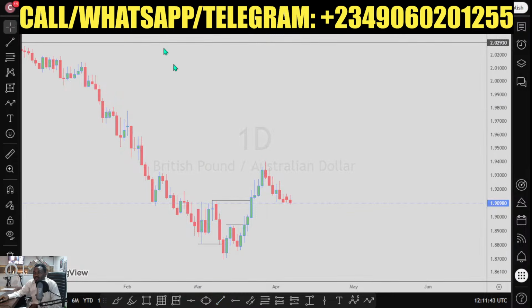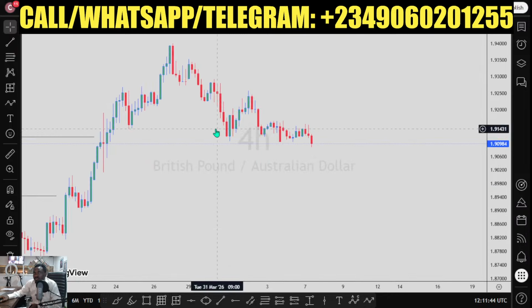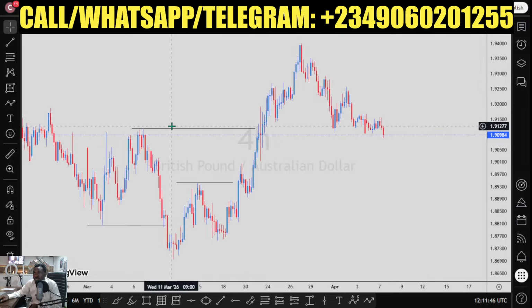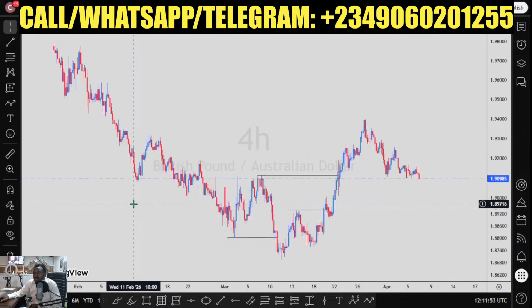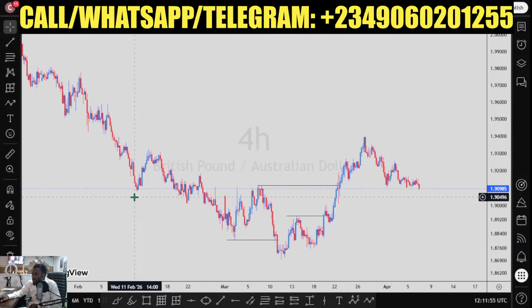Now on the 4-hour chart, we have this high. So this is the 4-hour chart of the GBP paired against USD.